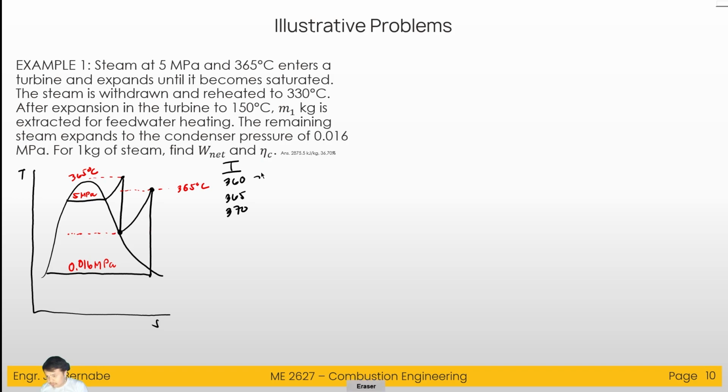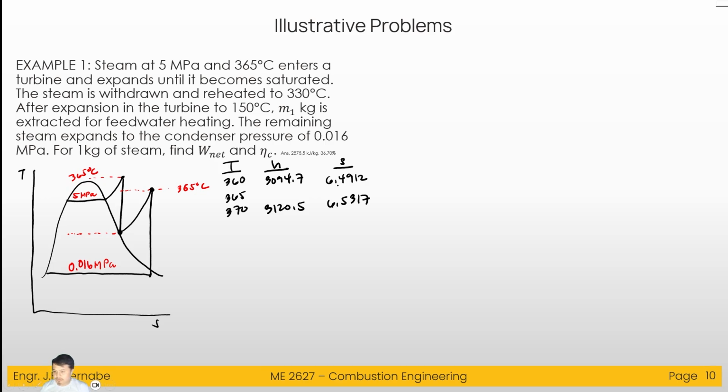So for the enthalpy, you have 3094.7 at 360 and 3120.5 at 370. And the entropy S can also be solved, at 6.4912 and 6.5317.